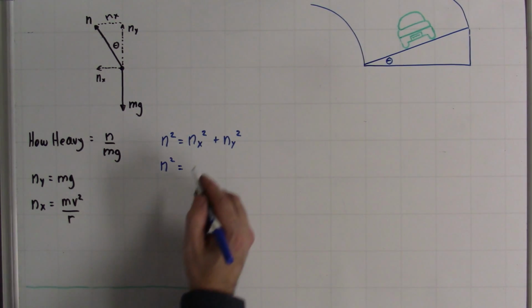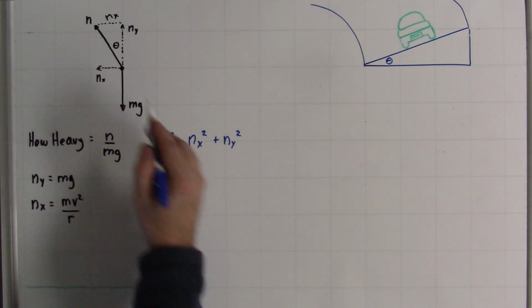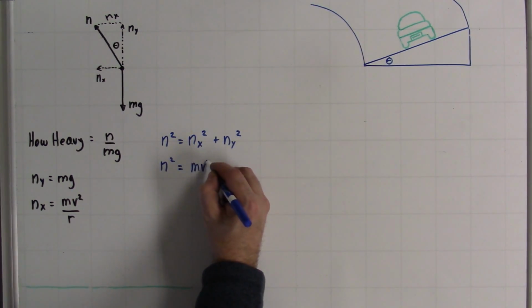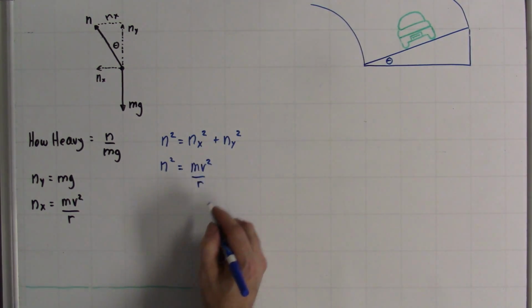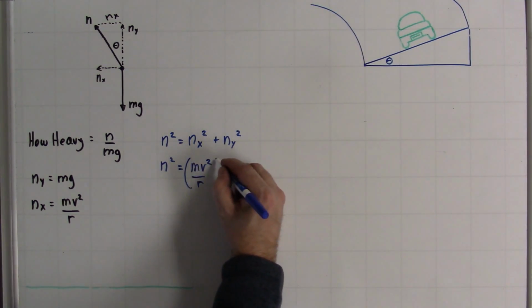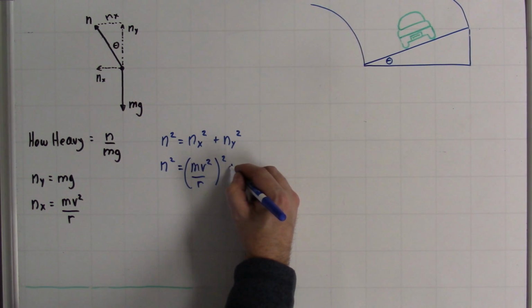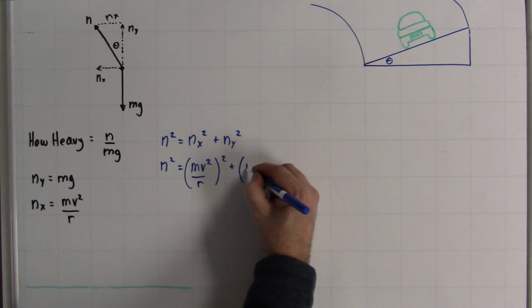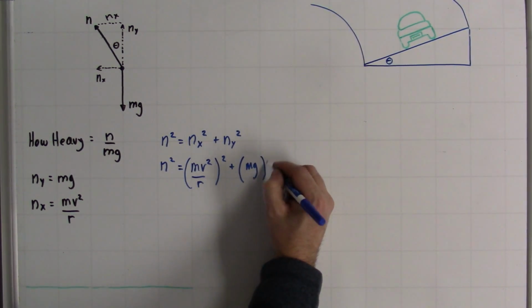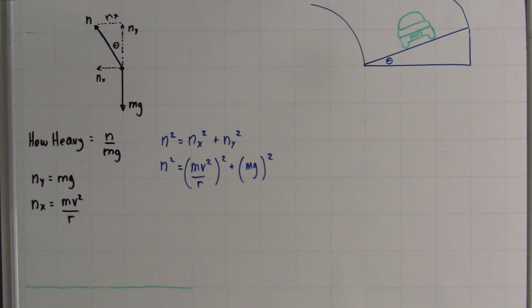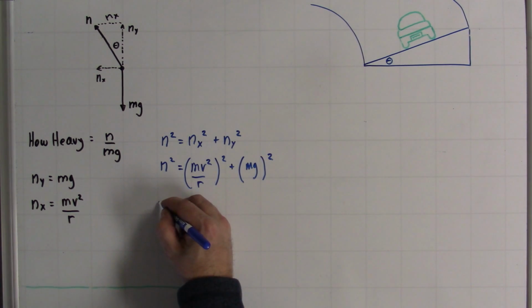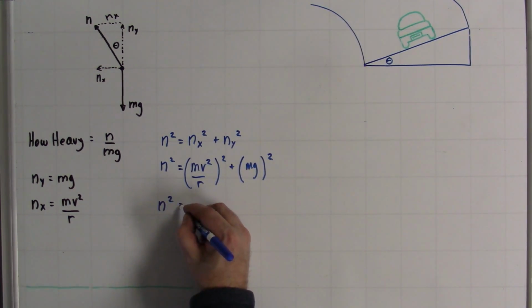Well, the normal force in the x direction is the centripetal force. That's mv squared over r, all squared, plus the normal force in the y direction is equal to mg, all squared. And if we plug and chug a little bit, we may be able to come to some kind of value here.